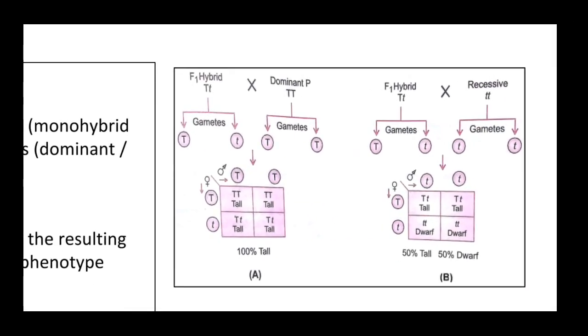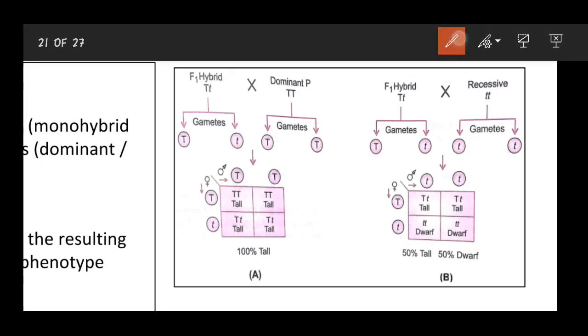So this is a monohybrid backcross. This one is the F1 heterozygote. Normally in a monohybrid cross, to get the F2 generation, we self-fertilize, F1 cross F1, and we get the Mendelian ratios.